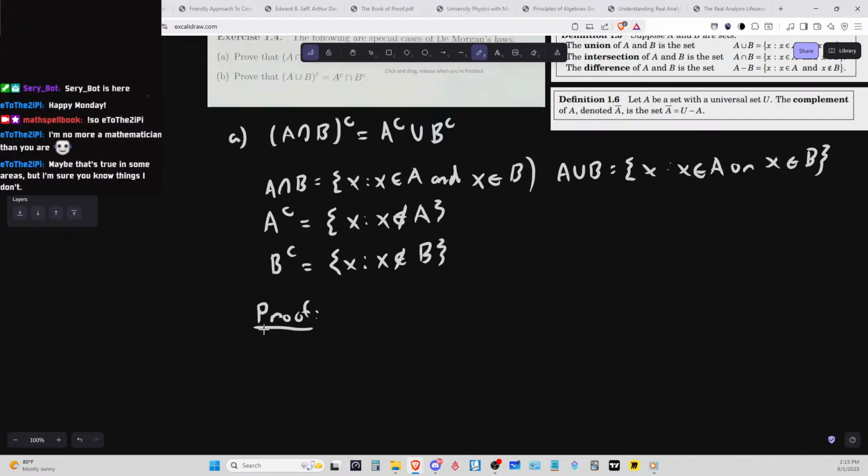So, proof. Probably I'm gonna have to start with the left side, and then we're gonna have to show that the right side is equivalent to the left side.